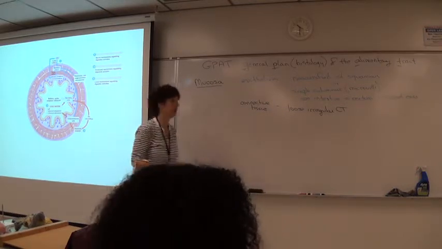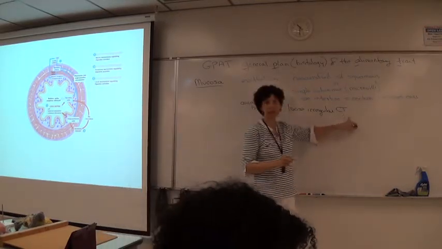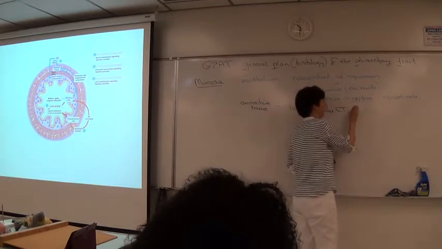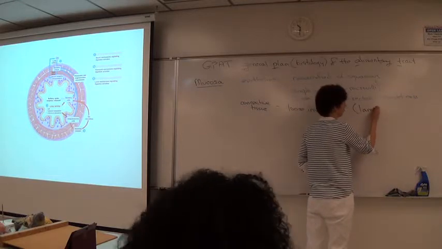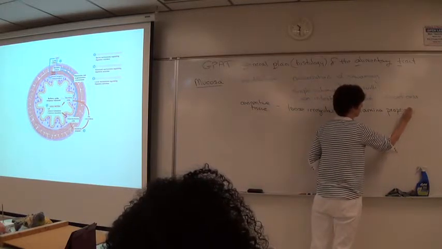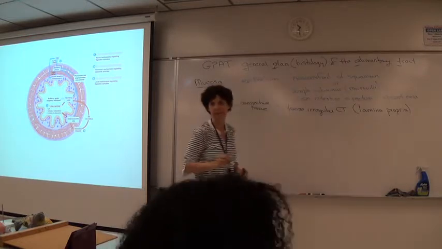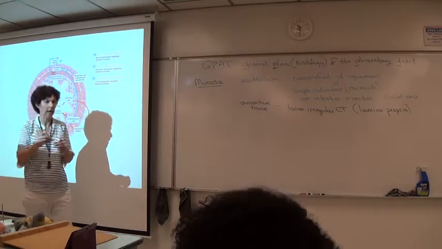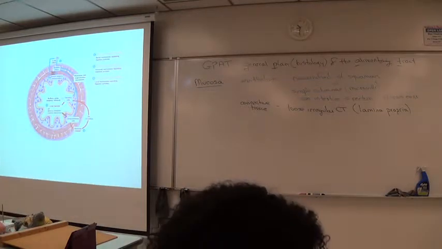Another name for this loose irregular connective tissue, the term was also used in the respiratory system, but I didn't really bring it up, is lamina propria. So that's just another term for the loose irregular connective tissue in our model.